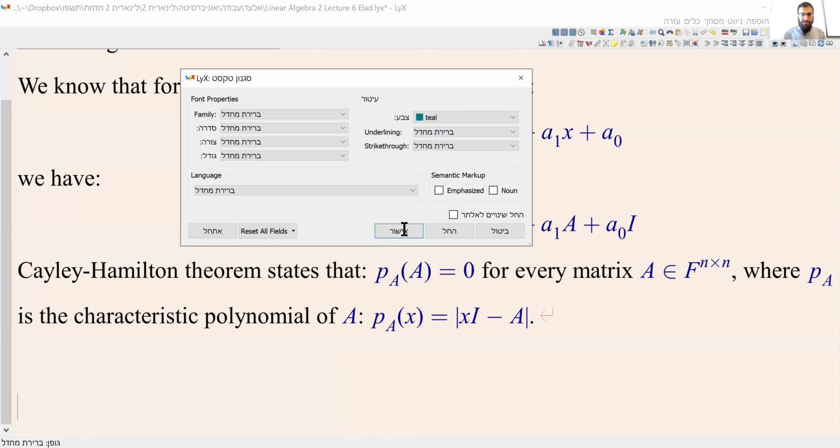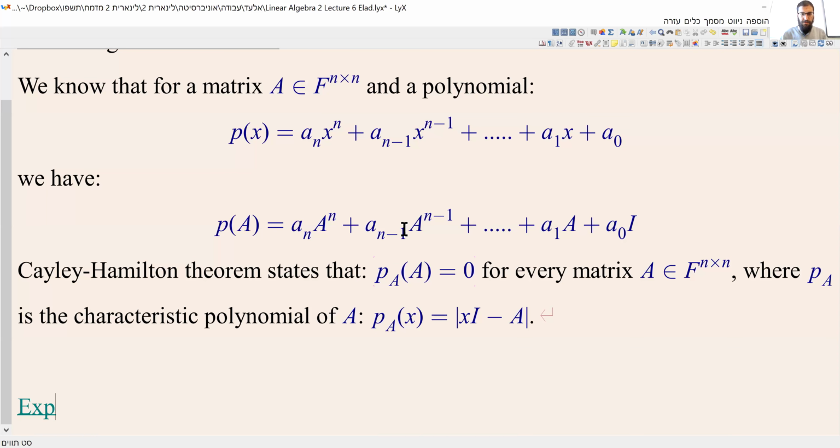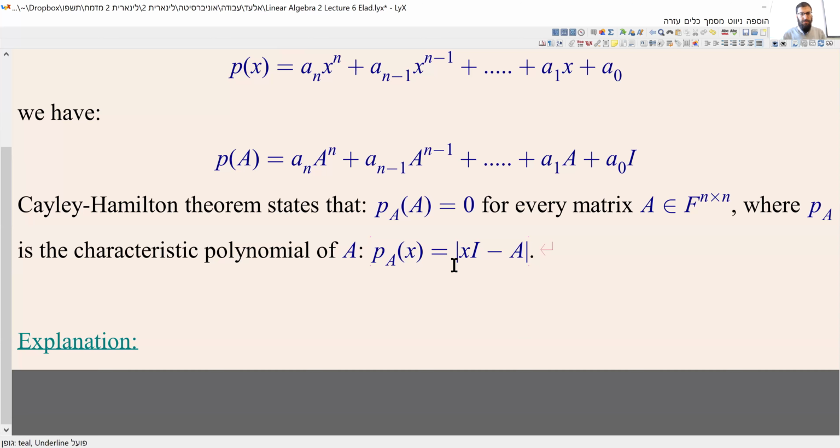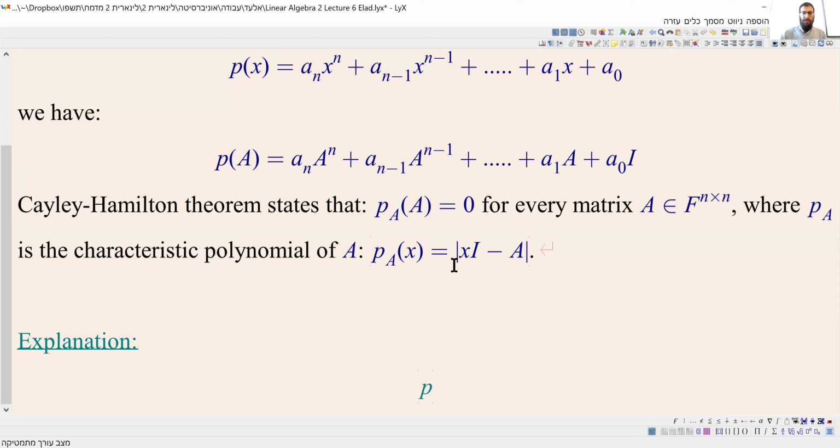Explanation. p_A(A) is the determinant of AI minus A, which is A minus A, which is 0.